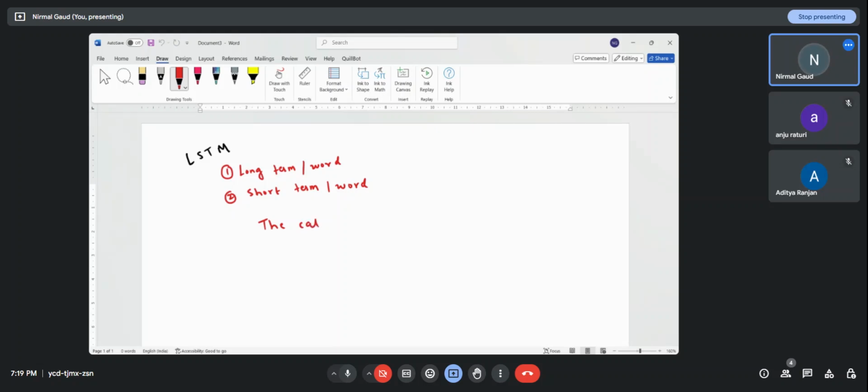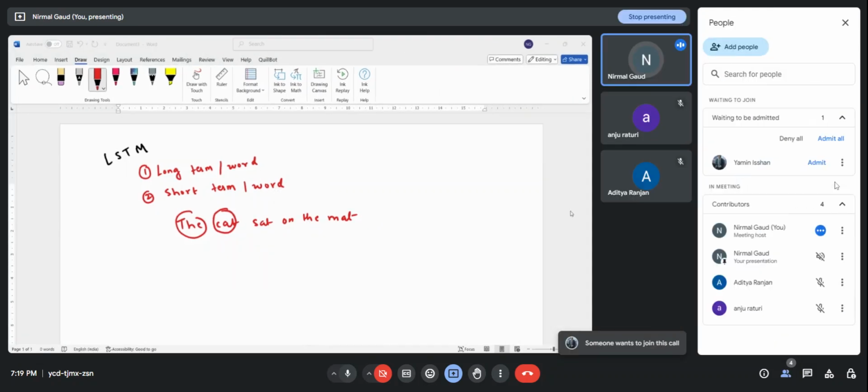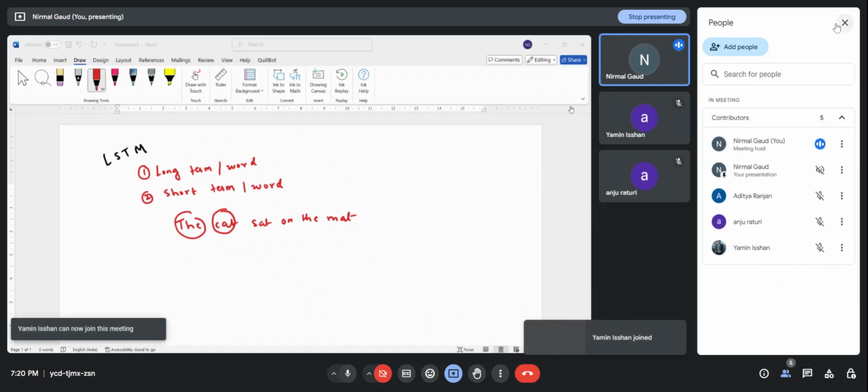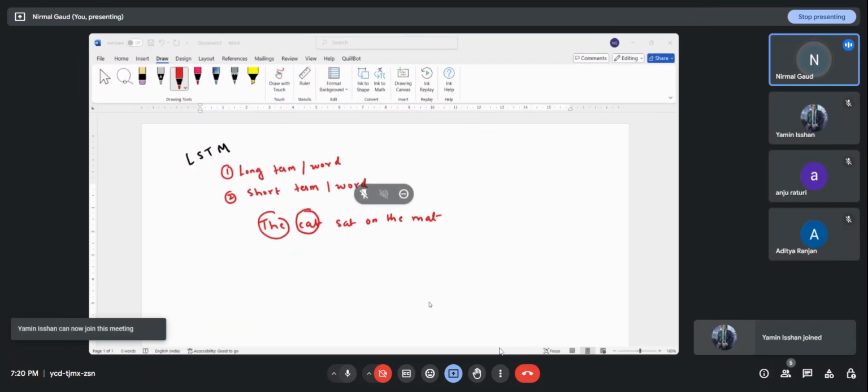The cat sat on the mat. So the and cat, these are short term dependency. Okay, here my model is learning what could be the next word after the.